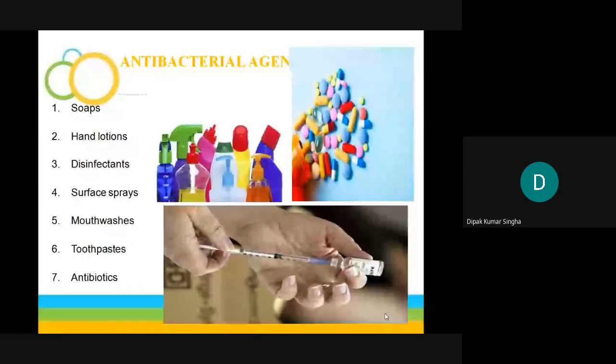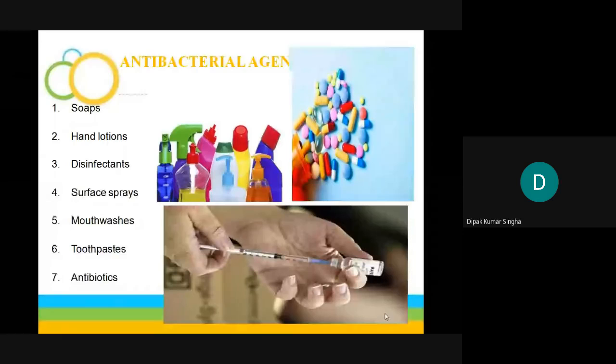So soap is one of the most important antibacterial agents because it acts just like a surface active agent to remove the microorganisms, not kill them. Sometimes it will kill them, but another, hand lotion and also sanitizer, you can use to easily remove or kill the microorganisms.